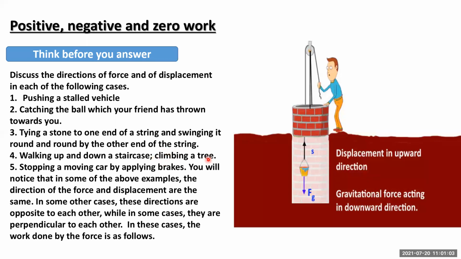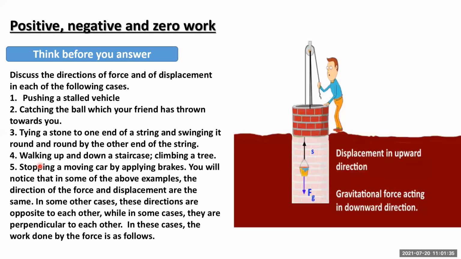We hold the tree, so we apply the force and displacement in the same direction. We are pulling ourselves in the upward direction and climbing the tree. Hence, the force and displacement are in the same direction. So this is an example of positive work done.